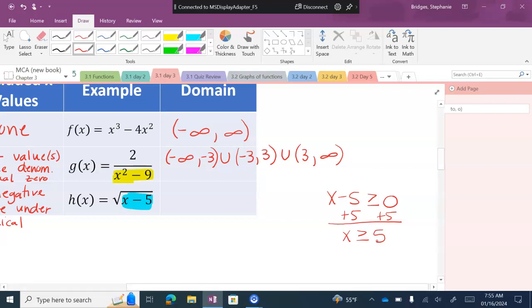To the right. So how would I write everything, including 5, all the way to the right? What's my smallest value here? 5. Am I going to use a parenthesis or a bracket? Bracket, because it can actually equal 5. And then it's going to go comma all the way to positive infinity, and then that would be a parenthesis. So that is how I would write my domain there.